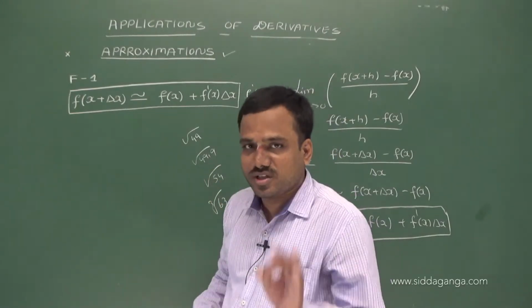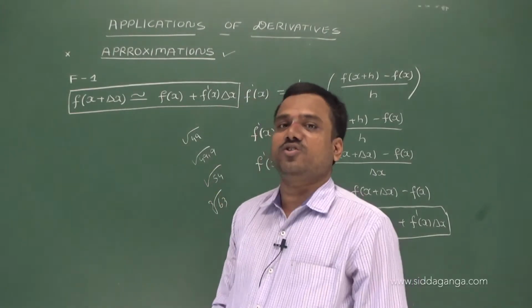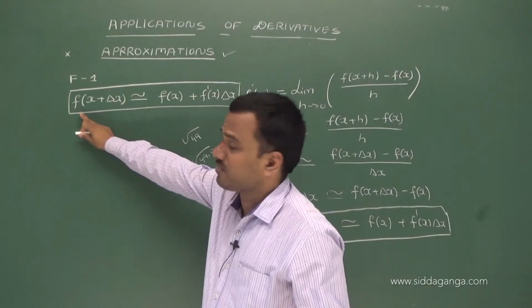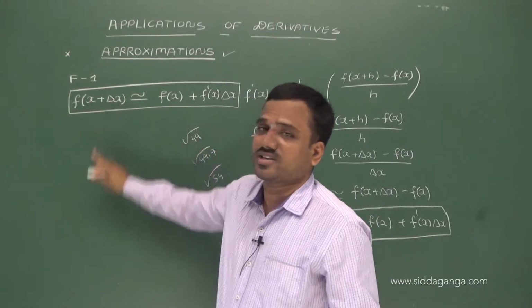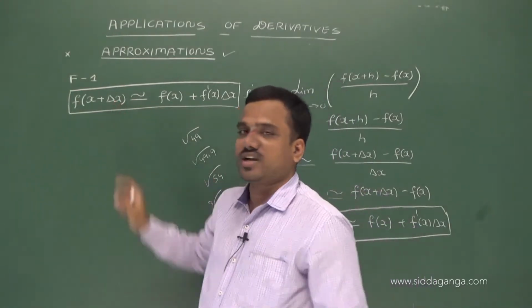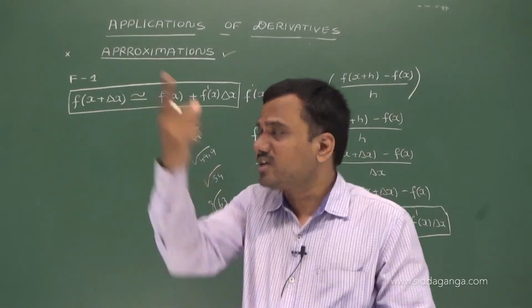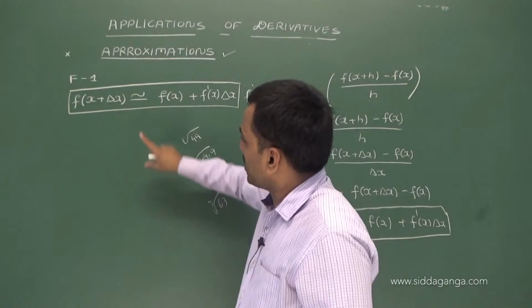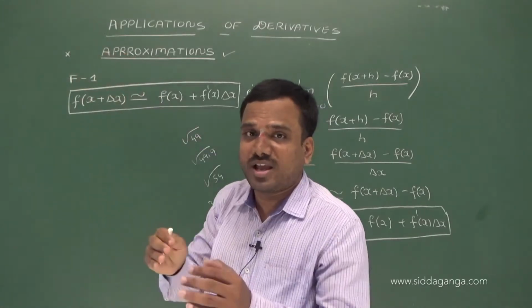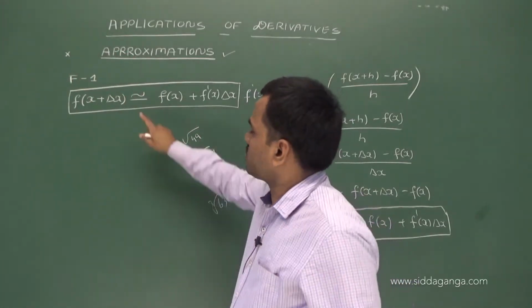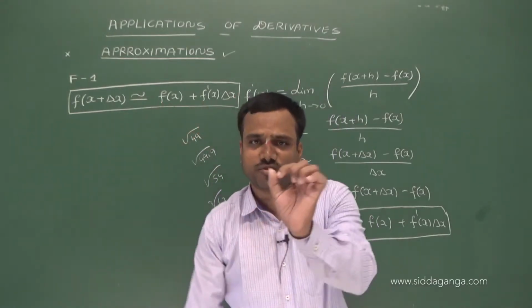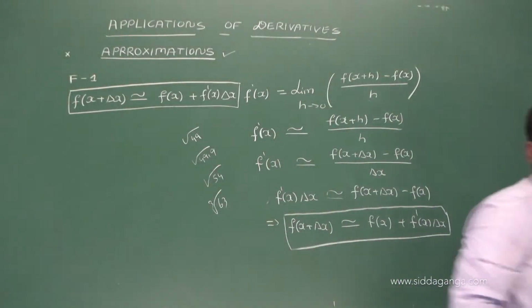For the first formula, remember f of x plus delta x, where delta x means a small increment in x, is approximately equal to, not exactly equal, f of x plus f dash of x into delta x. The value is near to that quantity. Formula 1, always remember this formula.